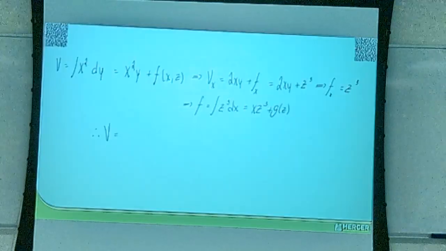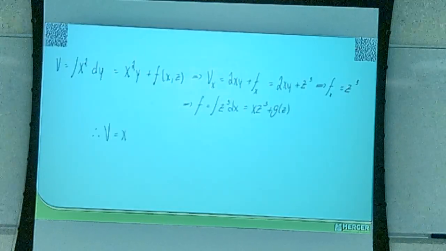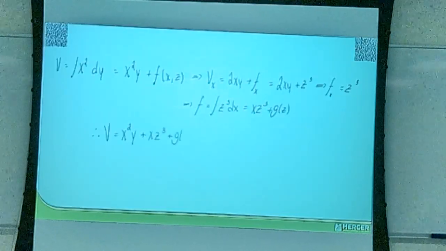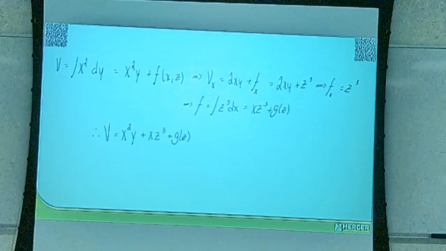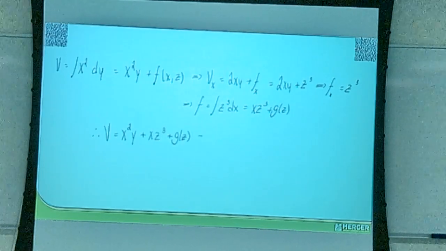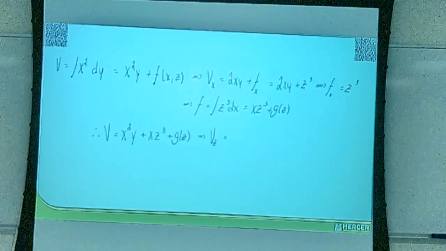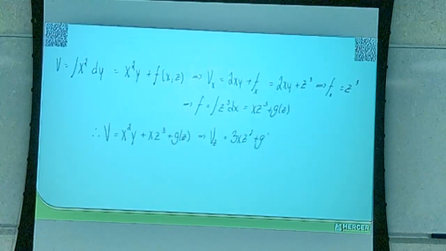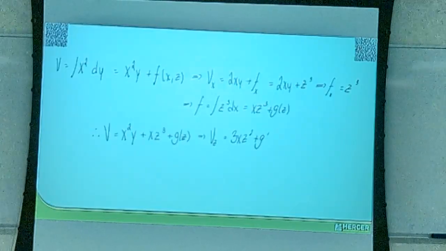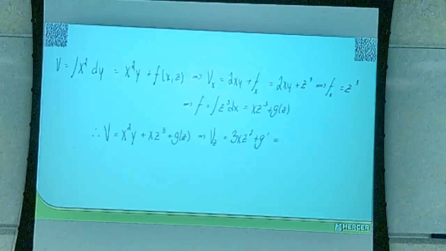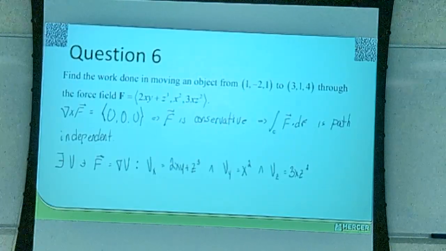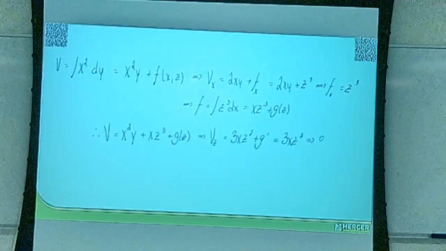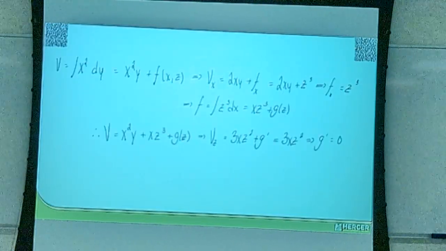Here's where we're at right now. We have to find that g. Now take the partial with respect to z. 3xz squared plus g prime, but that has to equal 3xz squared. Means g prime is 0, right?